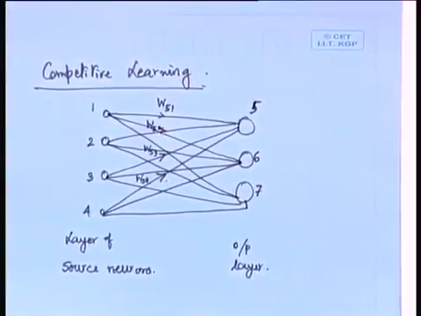So, all these 3 neurons that are supposed to be competing amongst themselves are connected to the same set of inputs. Why? That reason you think over later on. Everything I should not tell you.